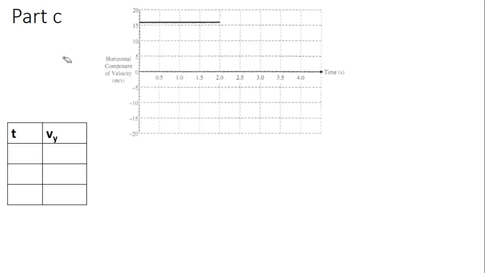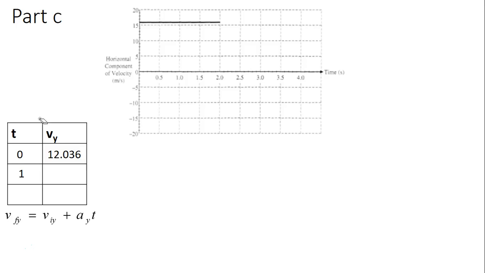I like to make a little chart. So first I know that at 0 seconds, the velocity is that 12.036. Then I can use the first kinematic equation to find out what the velocity is at each second after that.